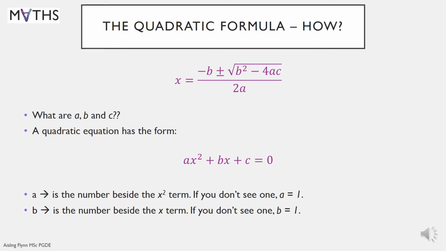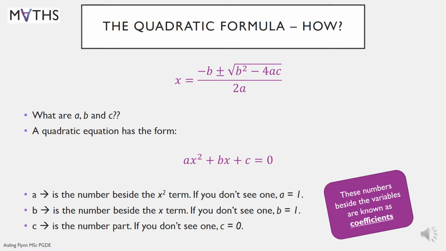B is the number beside the x term. If it's just x, then b equals 1. And c is the number part, or the constant. If there is none there, then c equals 0. These numbers beside the variables are known as coefficients.